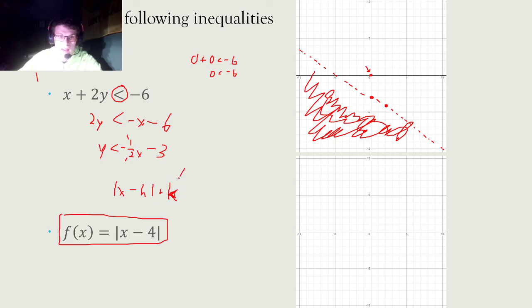K represents whether your absolute value line is going to be up or down along the y-axis. H represents what direction your vertex is going to be on the x-axis. Because remember, they all have the format that looks like this. We just have to figure out where the vertex is.